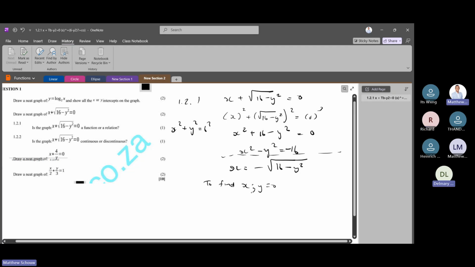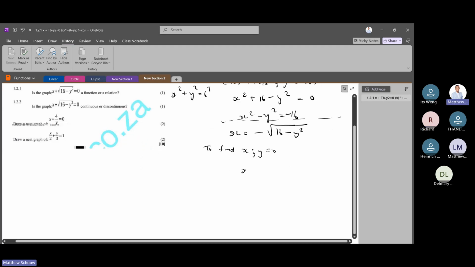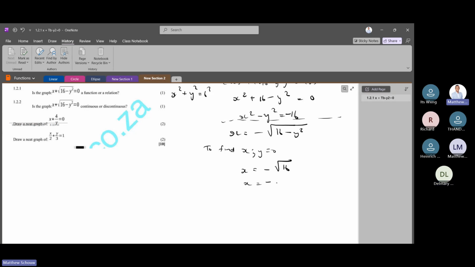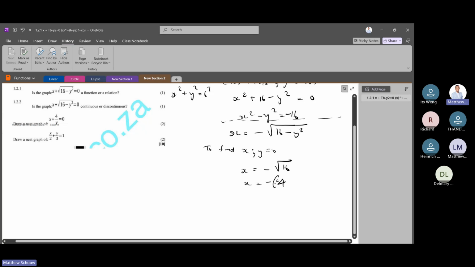So we do that, you get x equals negative root of 16, which will be negative, but wouldn't it be a plus minus anyway? This is going to be root of 16 is 4, no? 4, yes. It's plus minus 4.